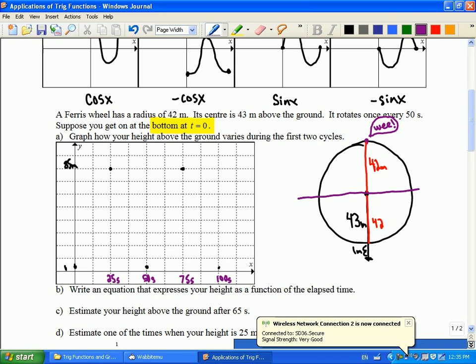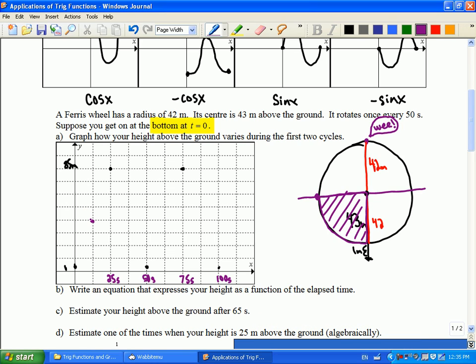I can't explain it, but if you think about it like pizza again, Ferris wheel pizza, this is a quarter of the circle. That Ferris wheel takes 50 seconds to get all the way around. 12 and a half seconds is 1/4 of the 50 seconds. So that's how you know you're going to end up right there at the middle of it. And that's a height of 43. So it'll be somewhere like this.